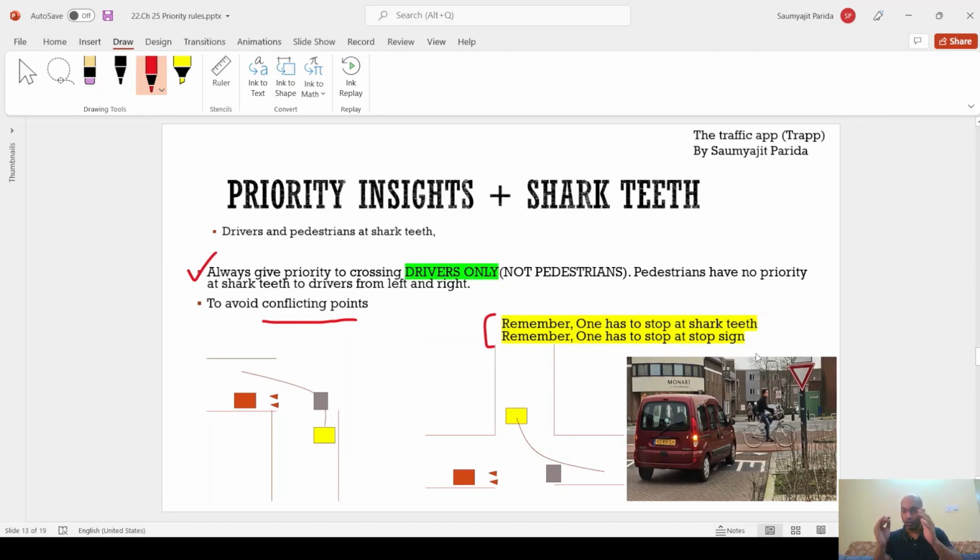If there is a stop sign, like here there was a shark teeth signpost, but if there is a stop sign, then even if no one is approaching, I have to stop. So that is the difference between the shark teeth signpost, meaning the priority signpost, and the stop sign signpost.